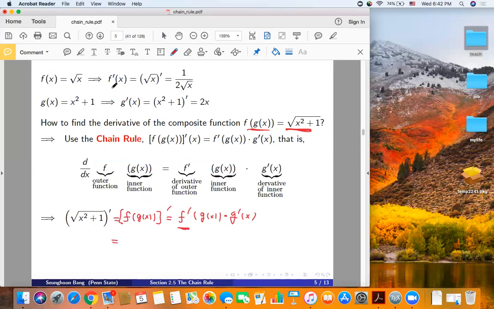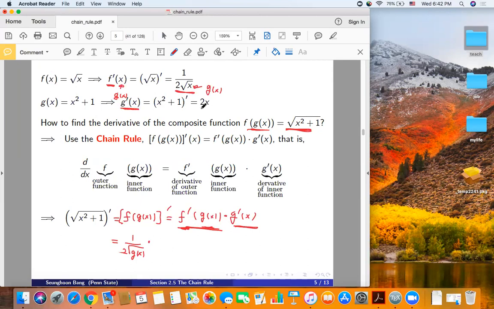F prime of x is 1 over 2 root x. You plug g of x into x. So we have f prime of g of x, exactly the same as 1 over 2 times the square root of g of x, times g prime of x.